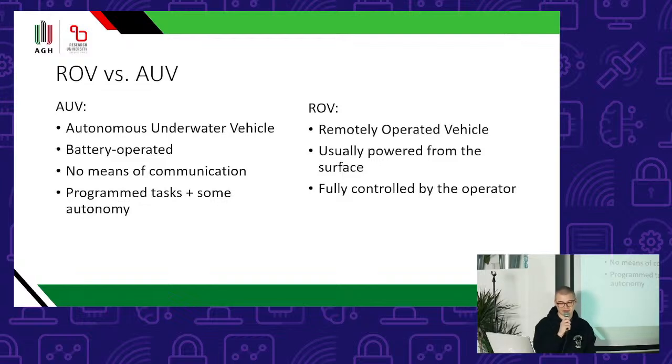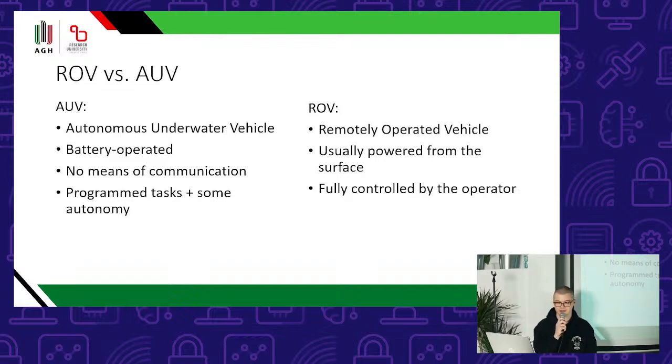So I told you that we had ROVs and AUVs. But what does it actually mean? Let's start with the AUVs. These are the autonomous underwater vehicles. These are vehicles that have little to no connectivity with the ground station, with the station on the surface. They basically operate by themselves.